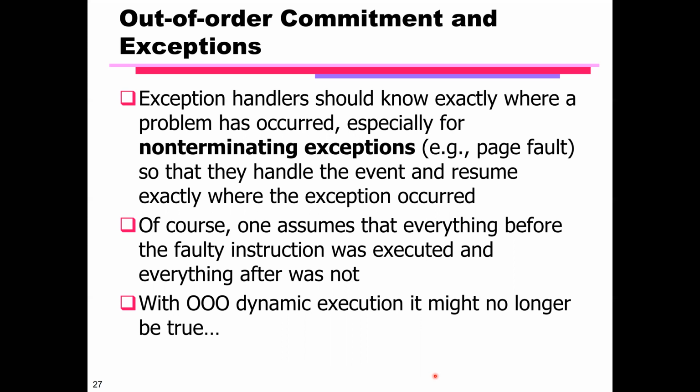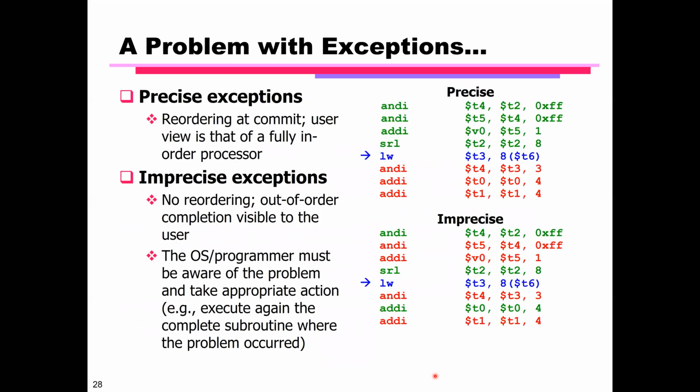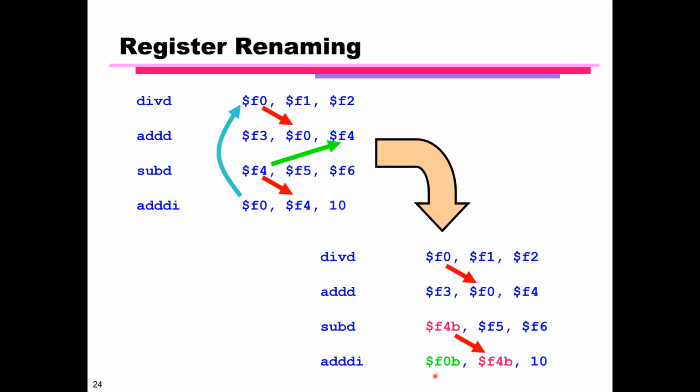Why are exceptions a problem? Exceptions are a problem because they are a moment, or a means, for an external observer, for a programmer if you want, to see the state of the machine. Maybe I go back a couple of slides. I said here, the programmer knows that here in F0 there must be a specific value computed by the add, because that's what the programmer has specified here.